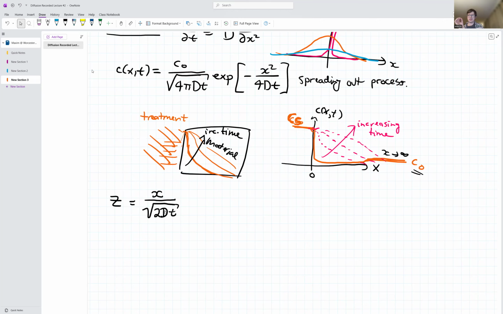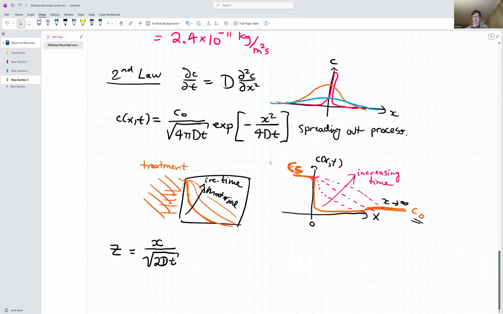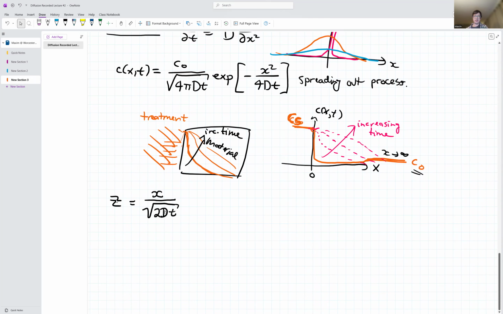I know that might not mean much, but I think when we do some more examples in class it'll make a little more sense. But I just wanted to show you that by doing this redefinition to this new coordinate, the z, you can actually solve the equation.